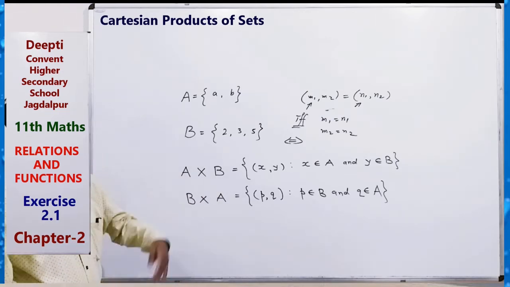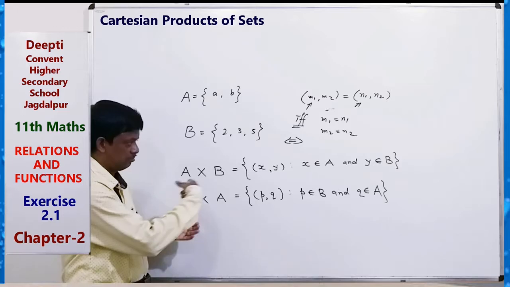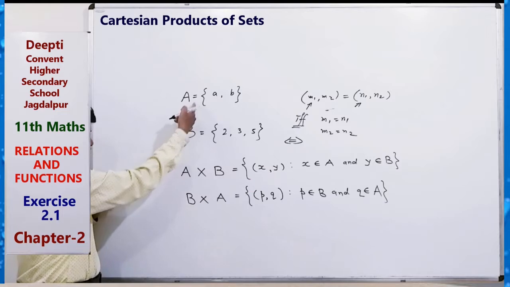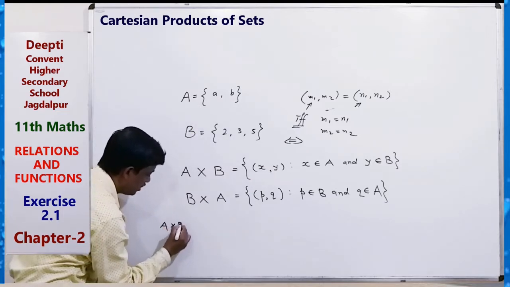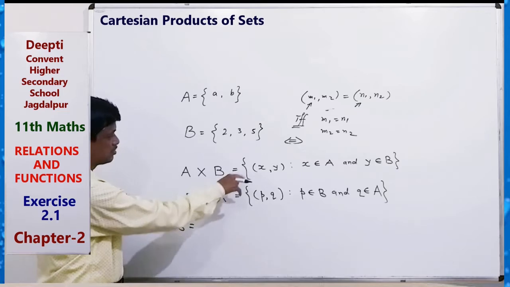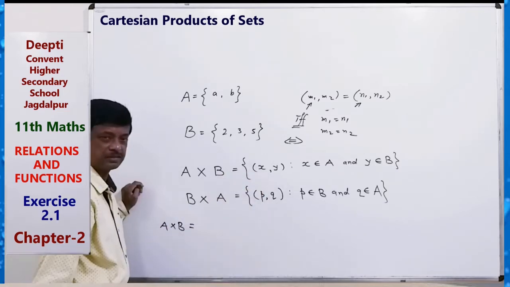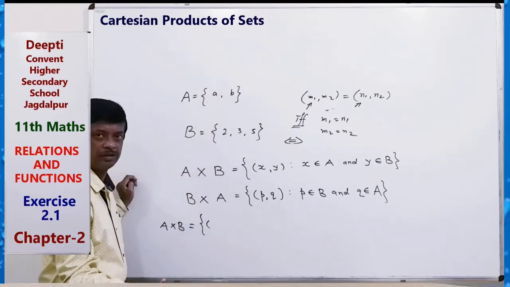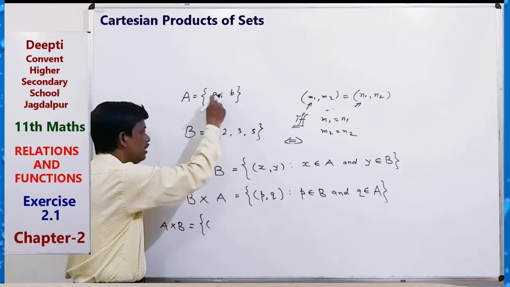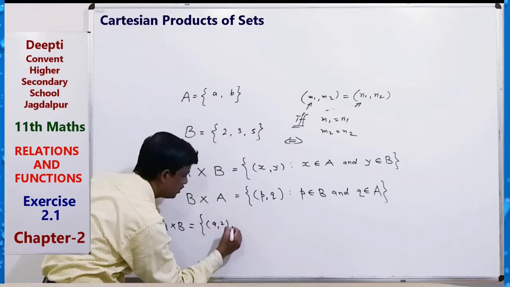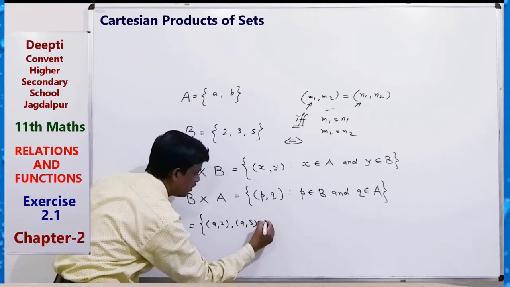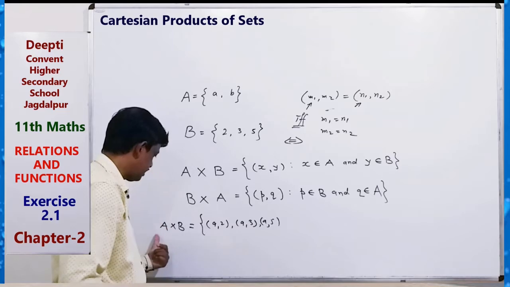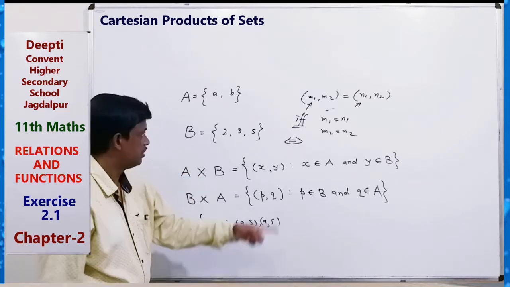We can also, for a particular question, list the elements. Suppose A cross B equals all the ordered pairs: (a,2), (a,3), (a,5), because the first element is from set A and the second element from B, where B means 2, 3, 5.